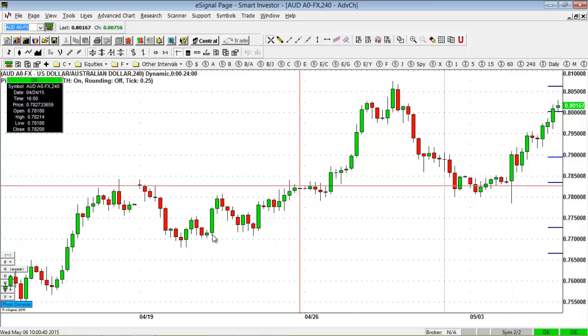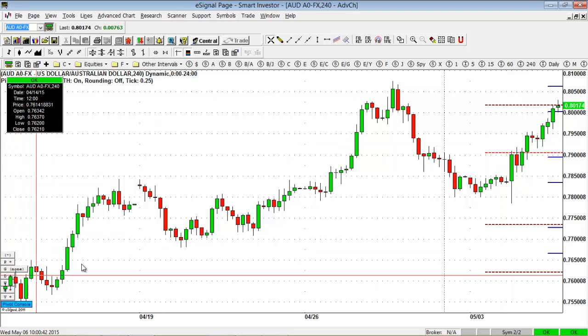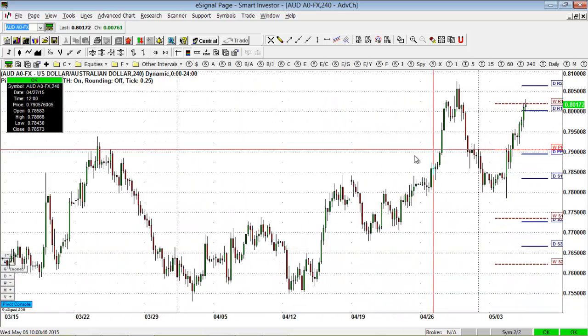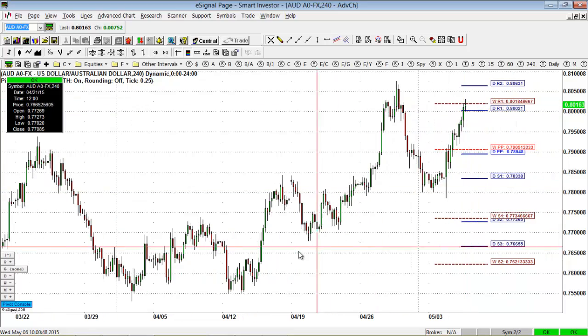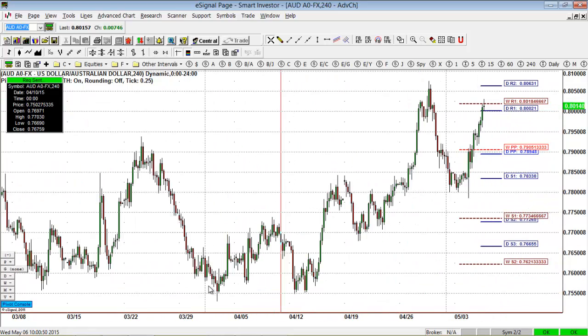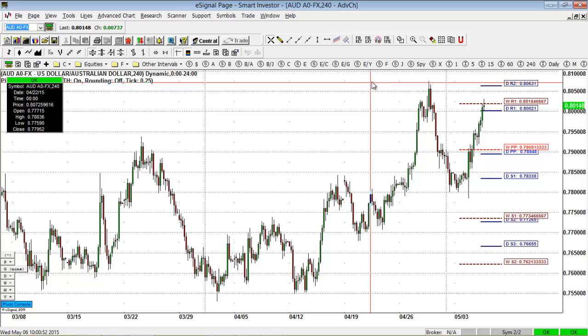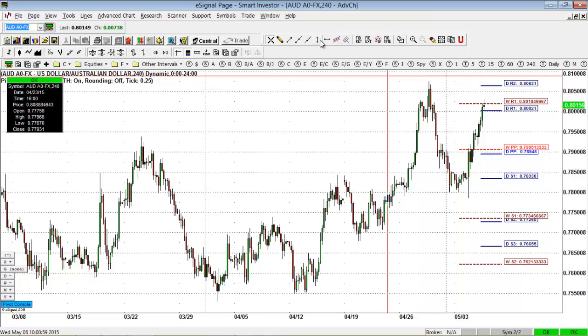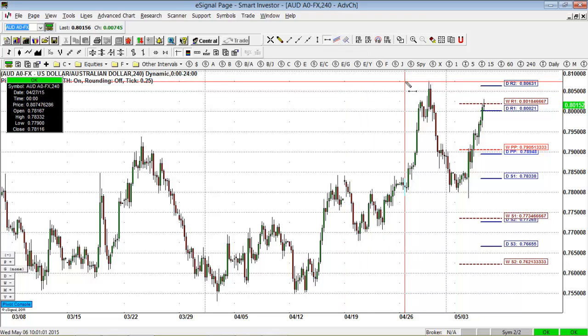weekly resistance number, the weekly R1, that is currently holding the market, and we're seeing sellers come in at this level. We should also see resistance at the 81, this previous high here, which is at the 80.75 level.